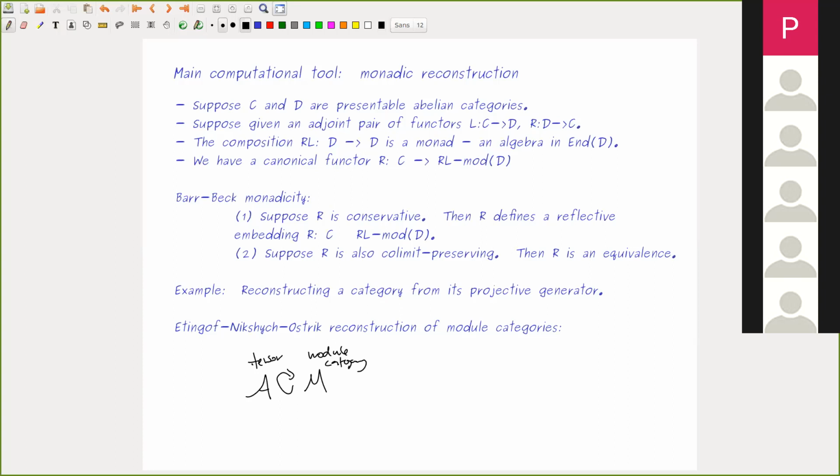We don't like this, because saying that you have a category attached to a surface, you want to understand that category more explicitly. So there's this machine due to Ben-Zvi and Nadler, which builds on a machine of Barr-Beck, which allows you to express M as equivalent to just the category of modules for an explicit algebra.